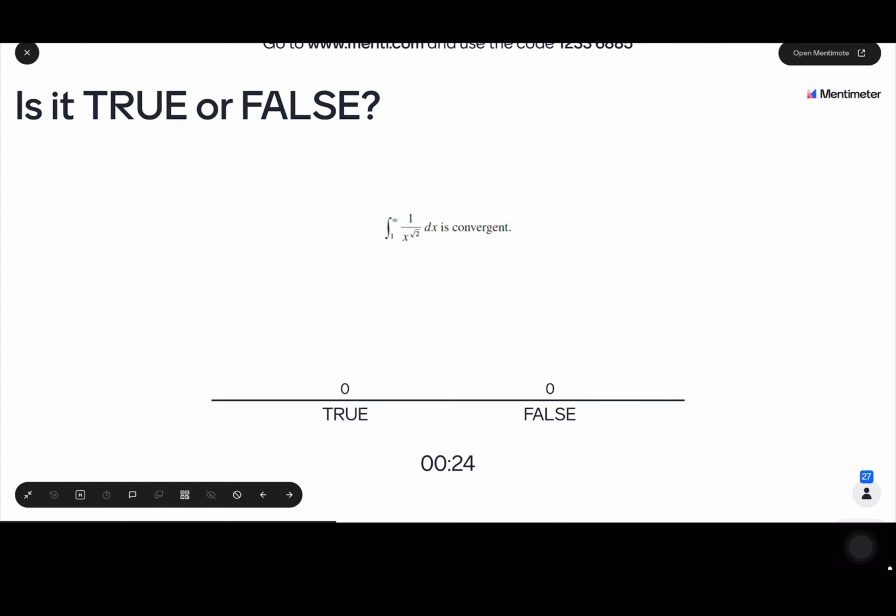Maybe some of you have forgotten it and write the wrong answer. I think number 3 needs some calculation, a little bit longer, maybe 5 to 6 minutes.